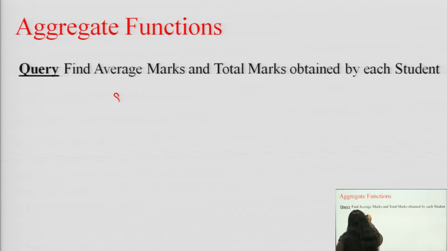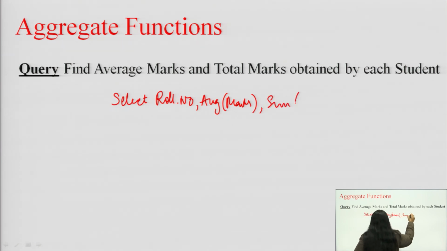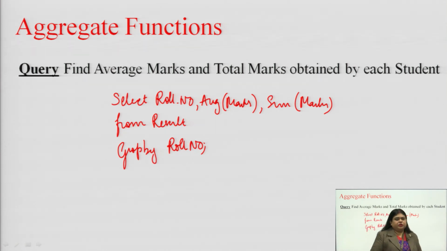So, we say select roll number, average of marks, sum of marks from result, group by roll number. So, we have grouped the students according to their roll number, and accordingly we have found the sum and average of each student, right.